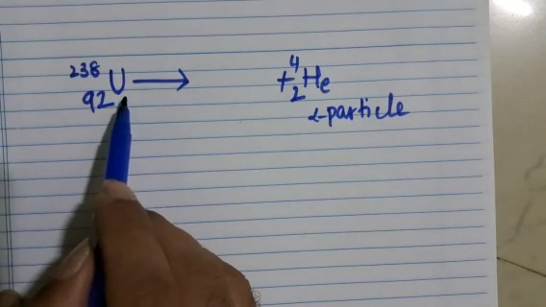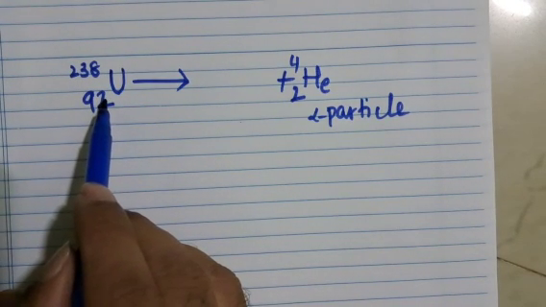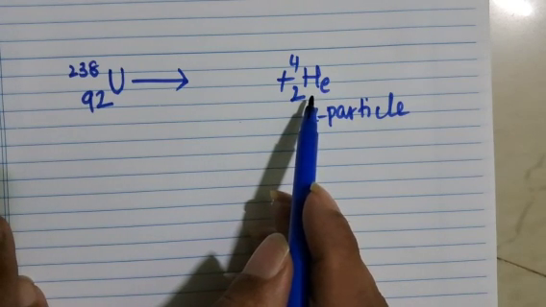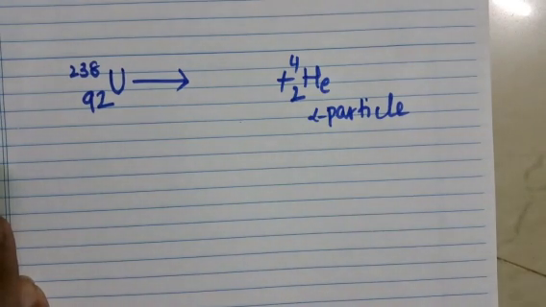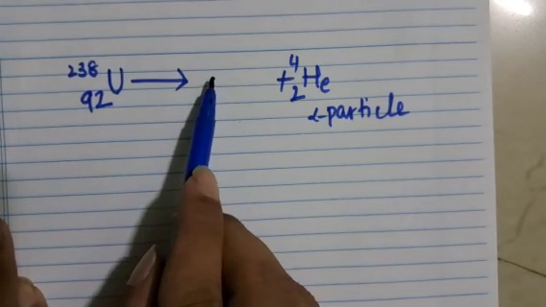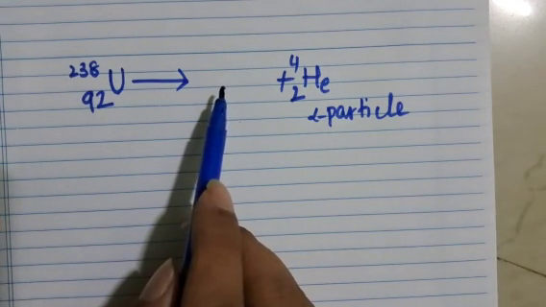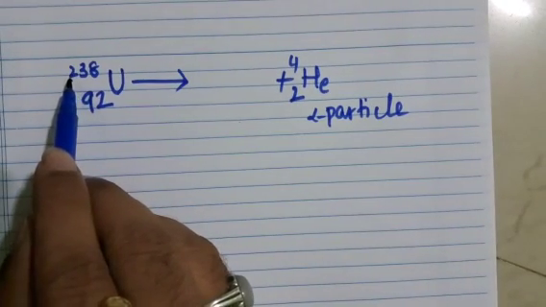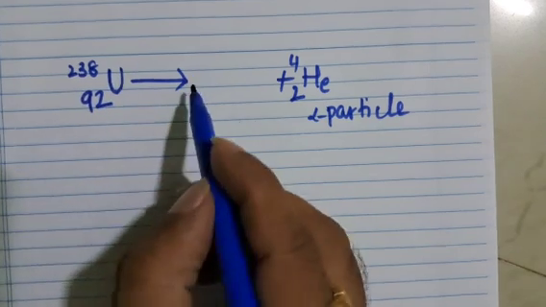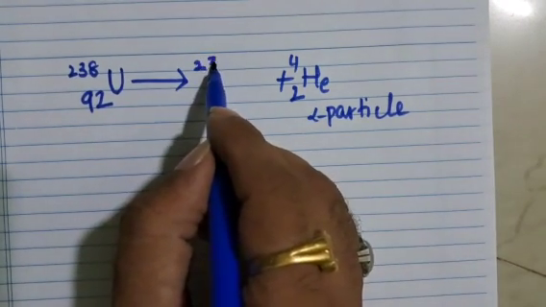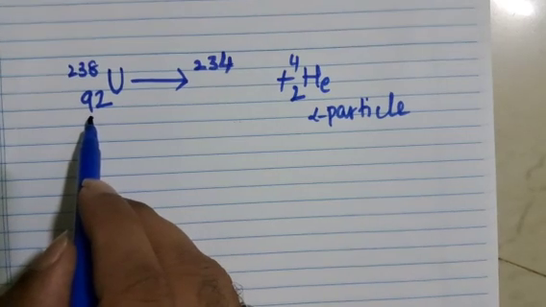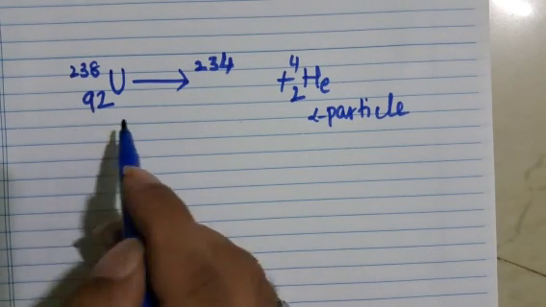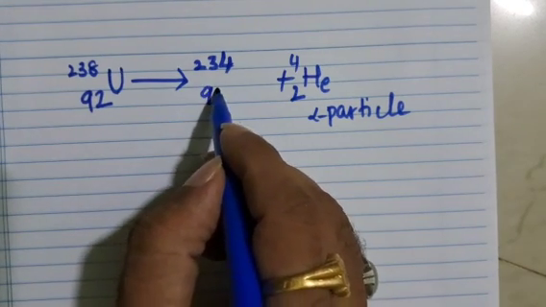So when uranium disintegrates by emitting a helium alpha particle, according to the group displacement law, the newly formed element will have the mass number decreased by 4 units, that is 238 minus 4, which is 234, and the atomic number decreased by 2 units, that is 90.